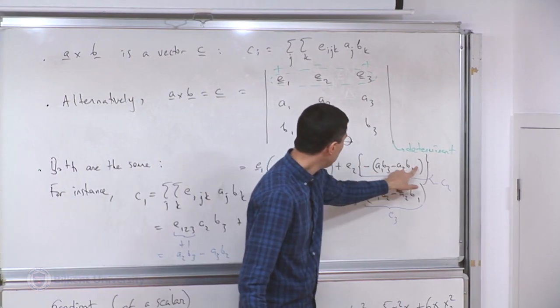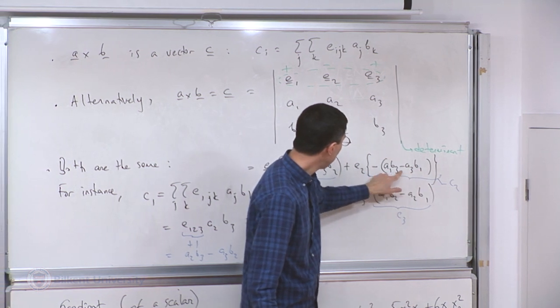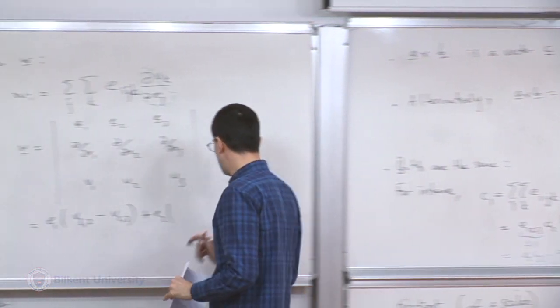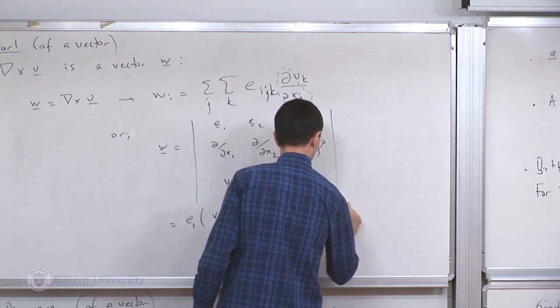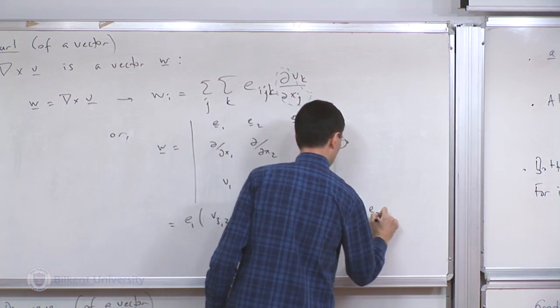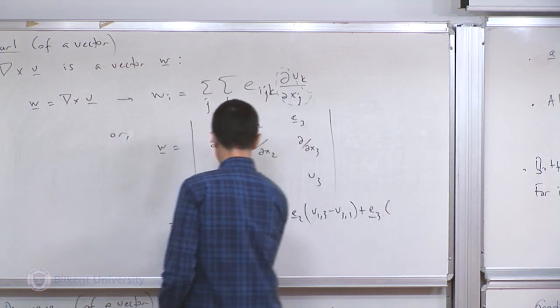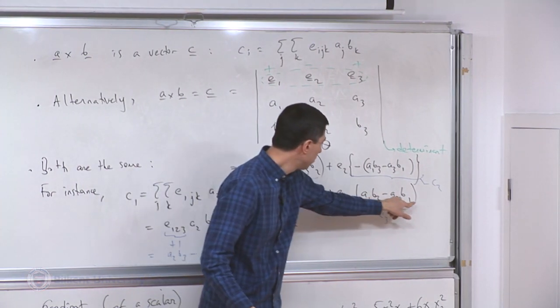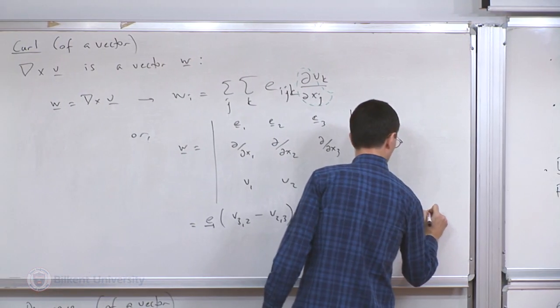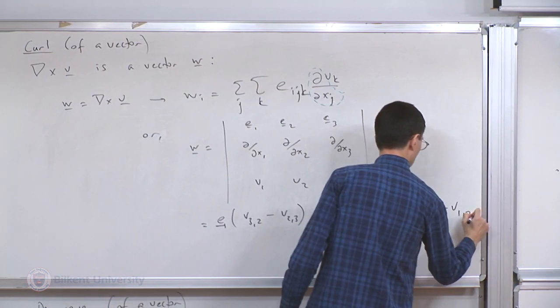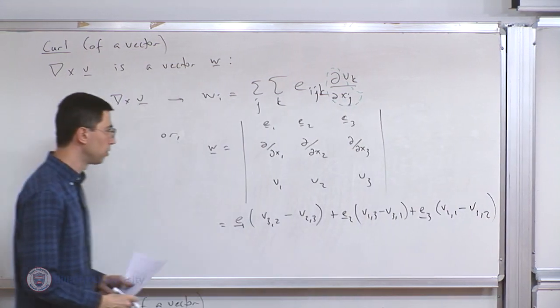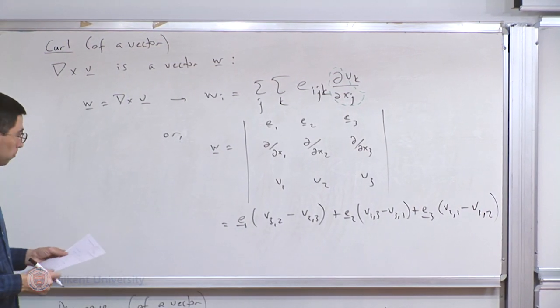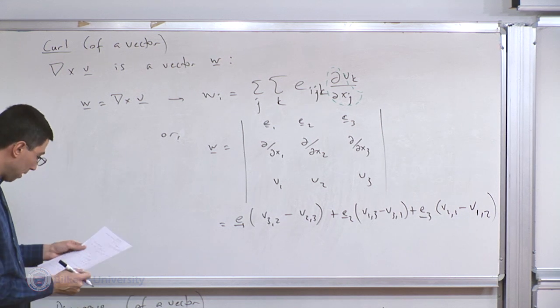So minus V1, comma 3 minus V3, comma 1. Plus V2, comma 1 minus V1, comma 2. Okay.